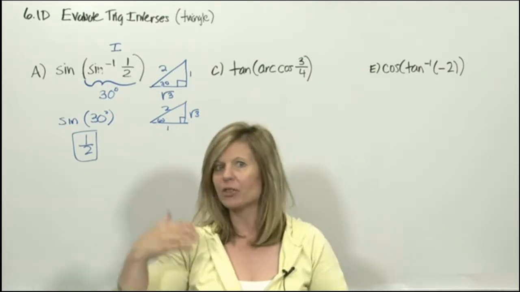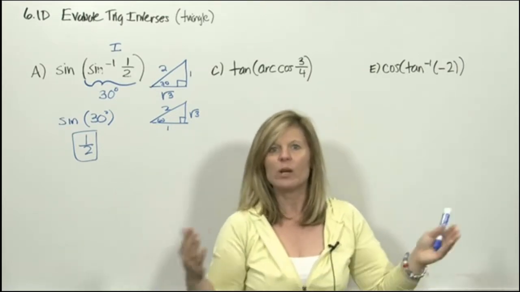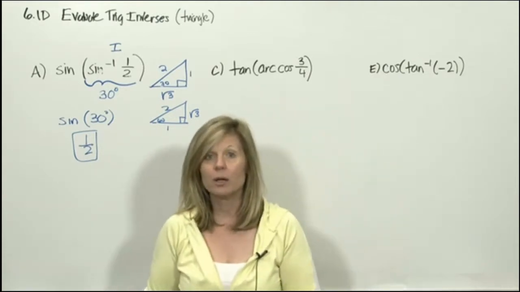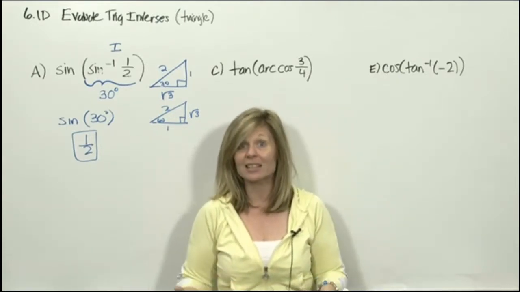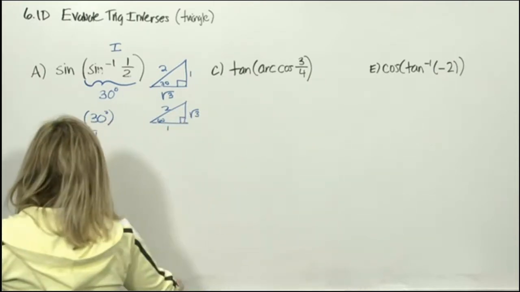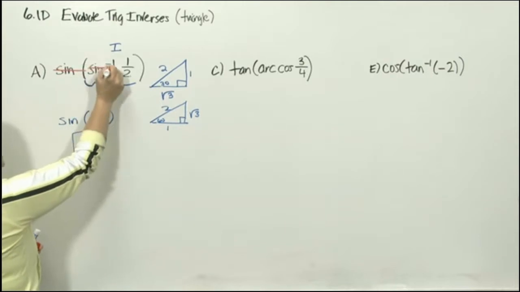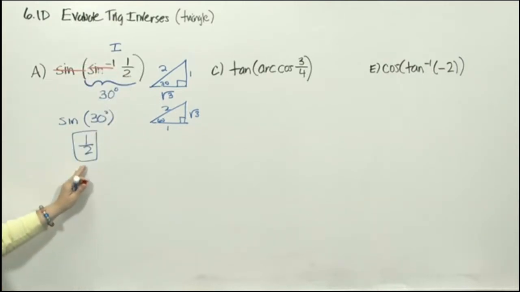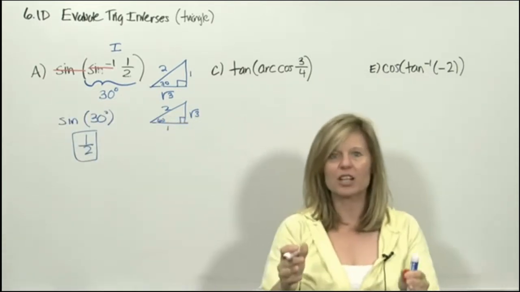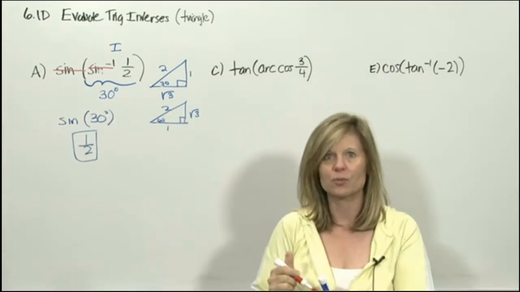We multiply by 3 and then we divide by 3. We square and then we square root. Opposite operations cancel out. So if you're quick and you realize sine and sine inverse are opposites, they are canceling out and they're leaving you with 1/2. Okay, but I did want to show you that that expression is really 2 operations.